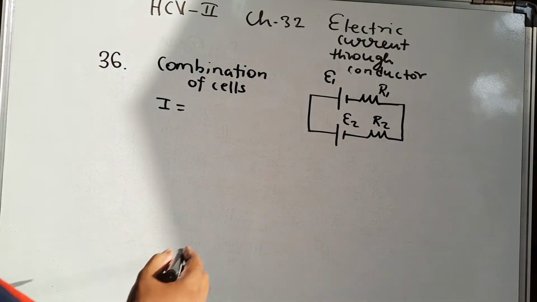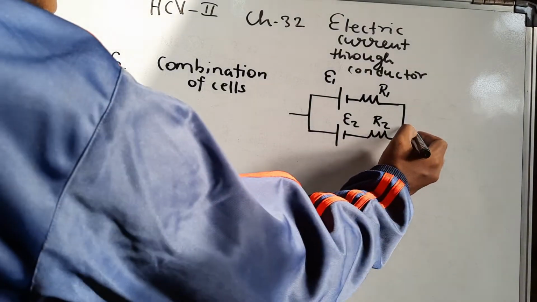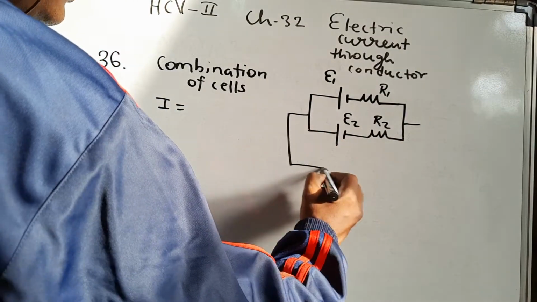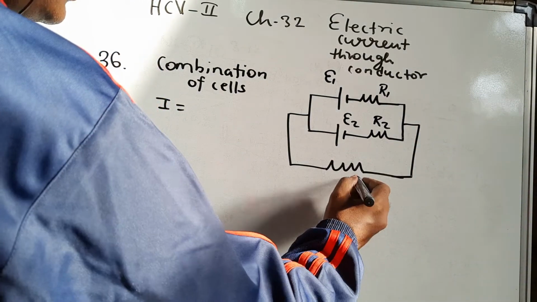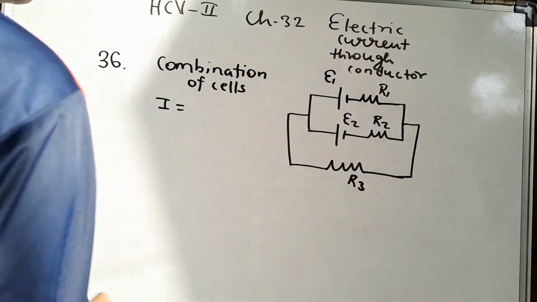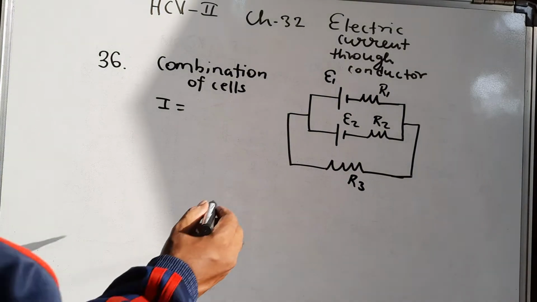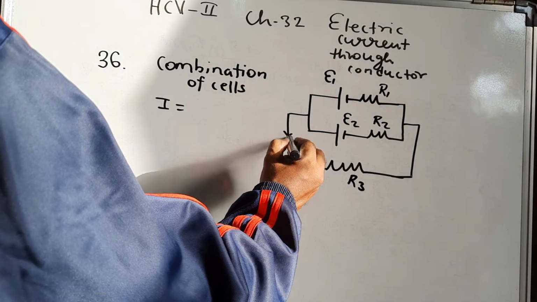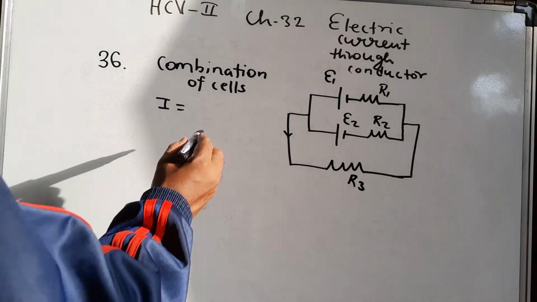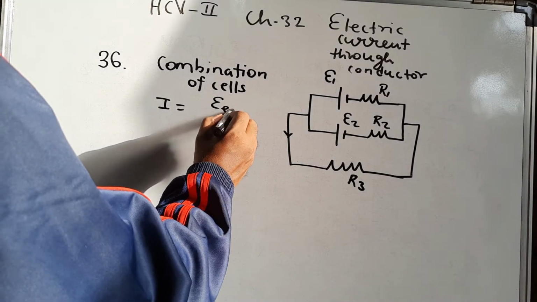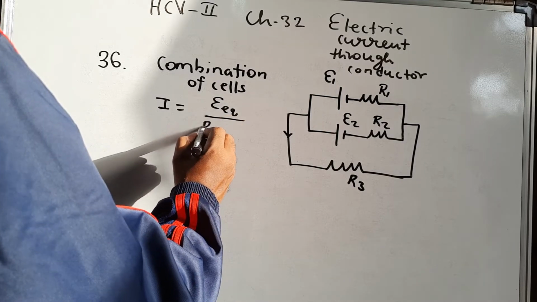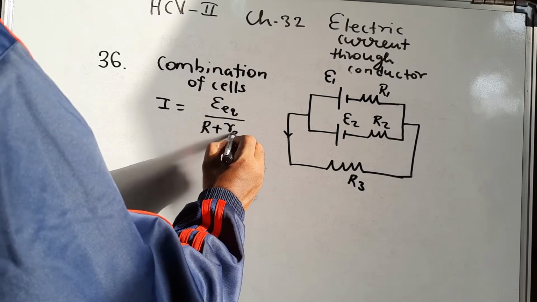So this parallel combination is suppose connected to an external resistance R, or let's say R3. So the main current I passing through this external resistance R3 is given by a formula EEQ divided by R plus REQ.